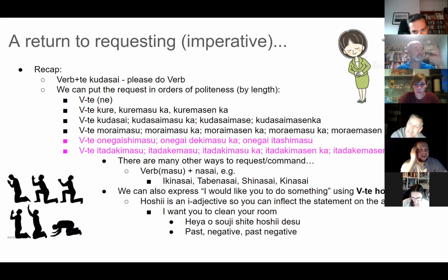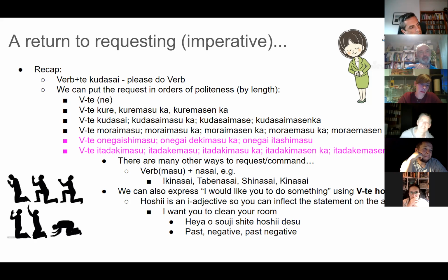This is probably a silly question because of my English. When you say "I would like to," is that less direct than "I want you to"? Right. So this te hoshii form means that in English I could translate this as "I want you to do this" and "I would like you to do this." It's the same meaning. But in English there is a difference, right?